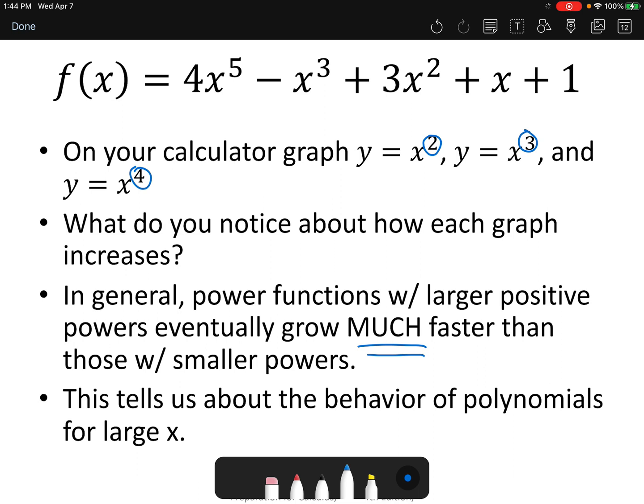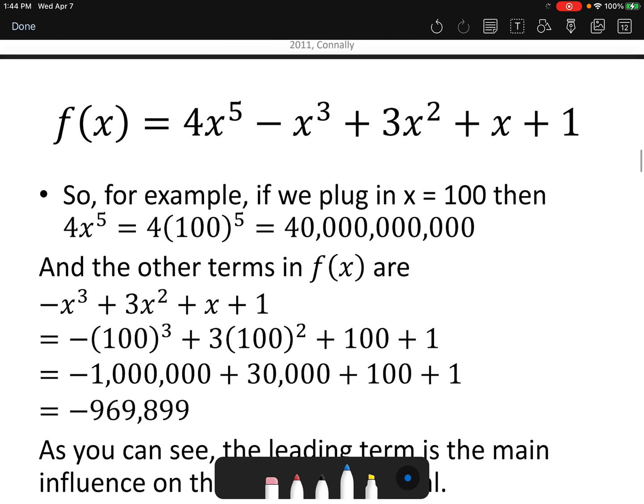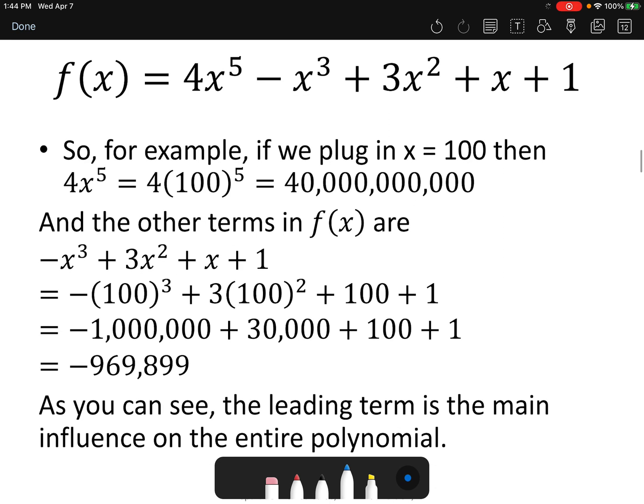And that's going to tell us about the behavior of polynomials for large x's. So if you just imagine this, for example, what if x is 100? If we put 100 in here, 100 to the fifth, times 4, is a big number. Was that 40 billion?